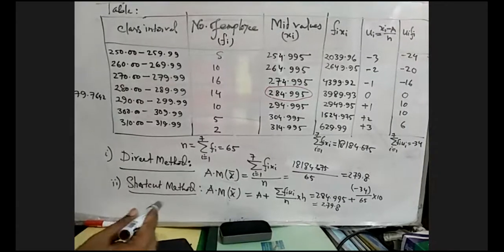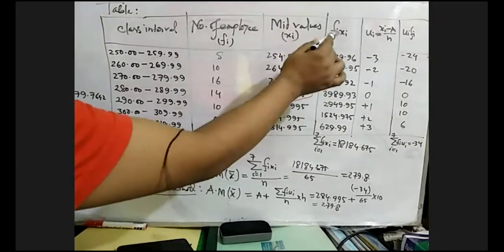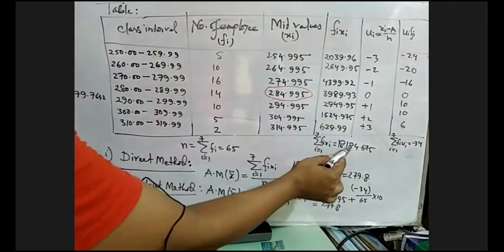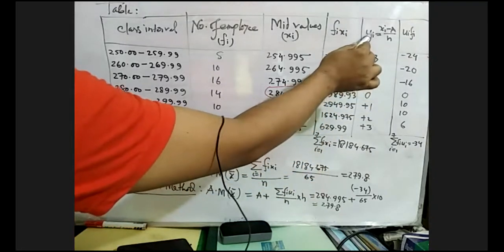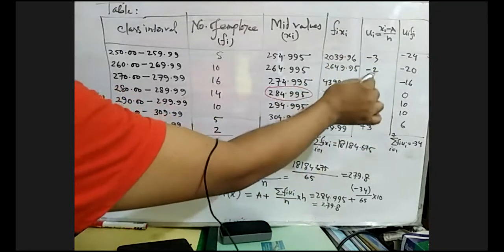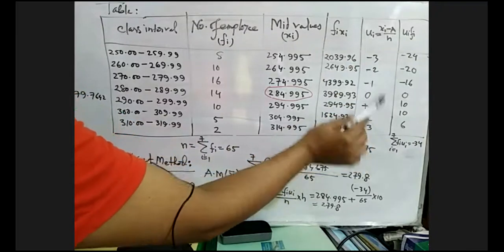So from this table, we got the total sum of fixi, 18184.675. Then the new variate ui will be minus 3, minus 2, minus 1, 0, 1, 2, 3.